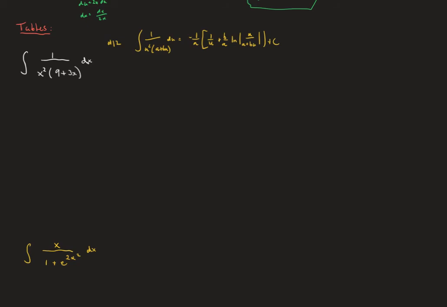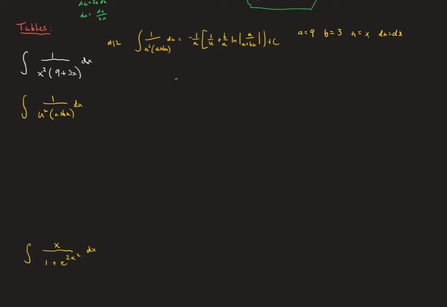So for us, I think we want the a to be 9, and the b to be 3, and the u is going to be x, so the du will be the same as dx. So then I think our integral is going to be 1 over u squared times our a plus bu that we want, and it's a good match.